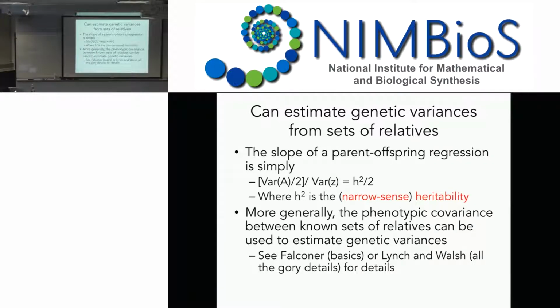Do people know where the term regression comes from? So one person has been well trained. So the original parent-offspring plot was Galton. And Galton wrote a book called Hereditary Genius.